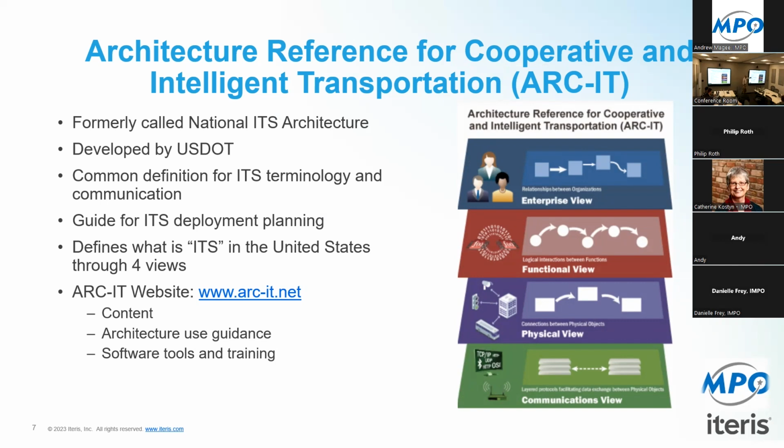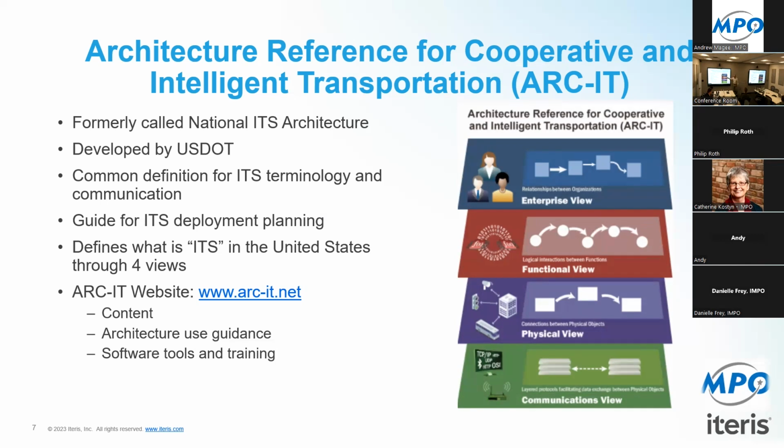It has four different views. We used to look at this content in a different way in the national architecture. The one we associate most is the physical view of the architecture. That associates with the things we see in the real transportation world today. That first slide I put up with all the different physical objects, we can relate to what those things are.